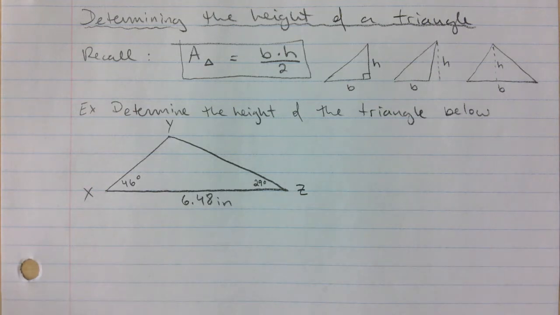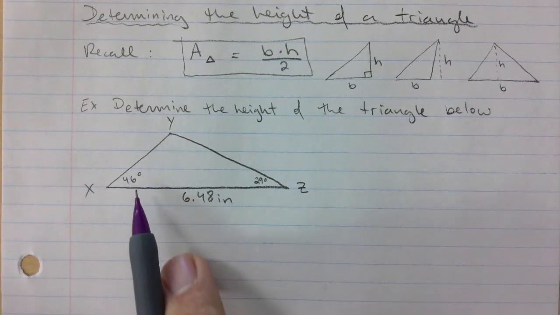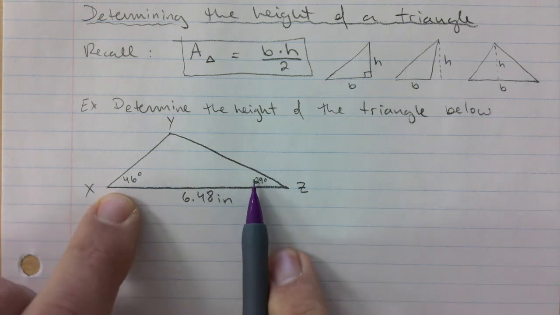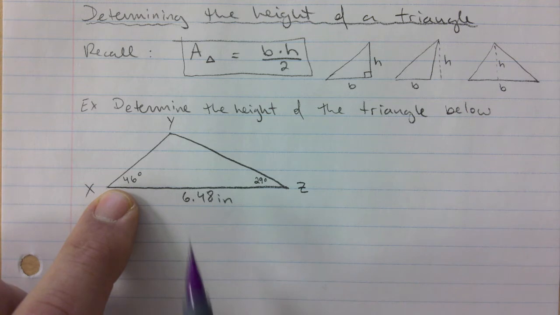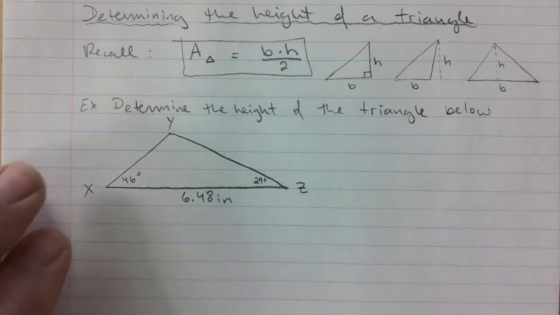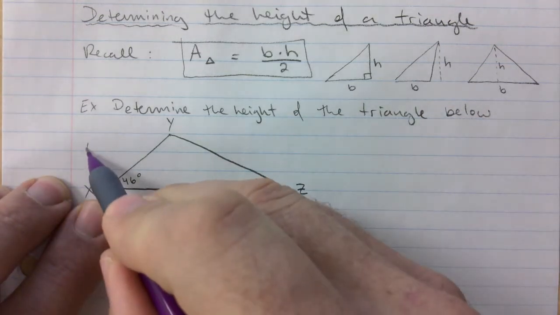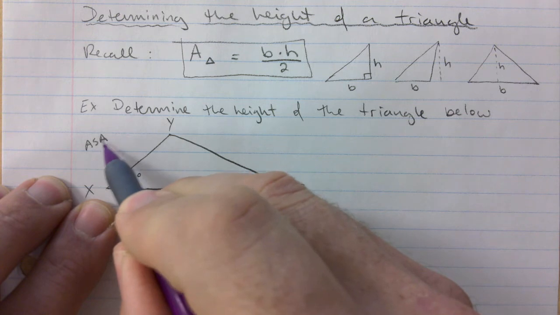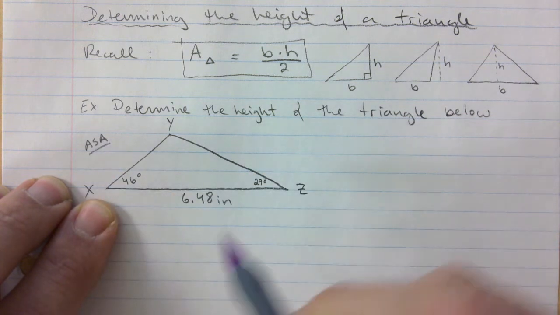So if you were given a triangle like this, you know you have two angles, right? So this is the angle side angle scenario. At first glance, it's the hidden pair, we don't know quite yet. We don't have enough information to even have a pair, right? So we'll just make a note that this is ASA, okay?